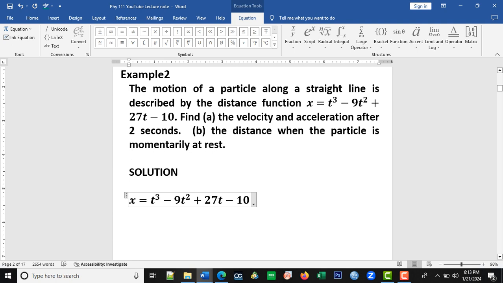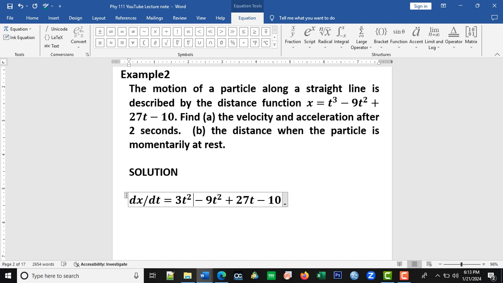The first derivative will be dx over dt. So the dx over dt will give us 3t to the power 2.